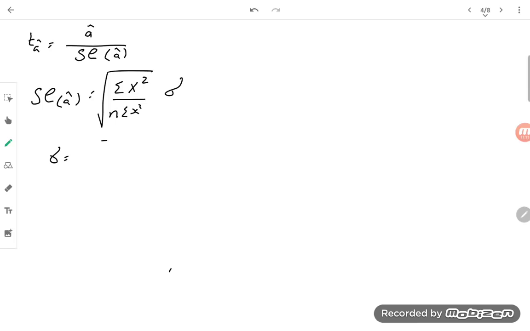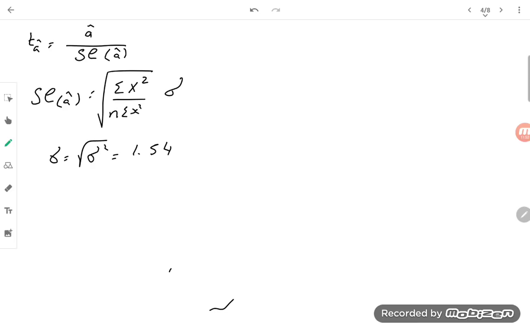Sigma is calculated as the square root of sigma squared, which is 1.54.